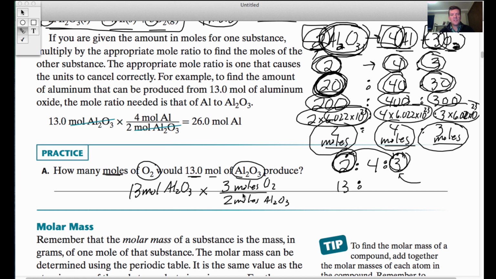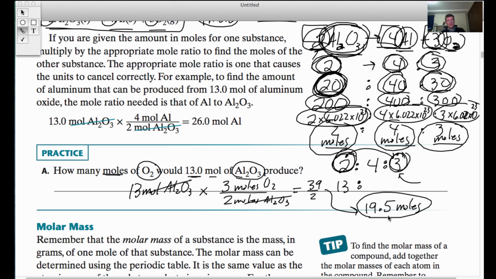I set it up this way so that the moles of aluminum oxide are going to cancel. So I'm multiplying by 3 halves. And then I'll take 13 times 3 halves. So 13 times 3 halves is what? 39 halves, which is going to be 19 and a half moles. Okay? 19 and a half moles.